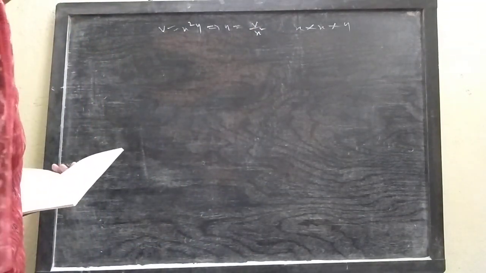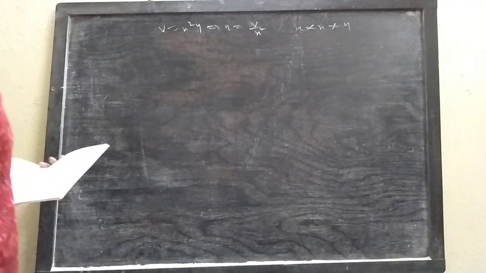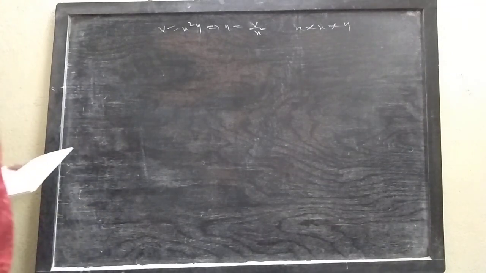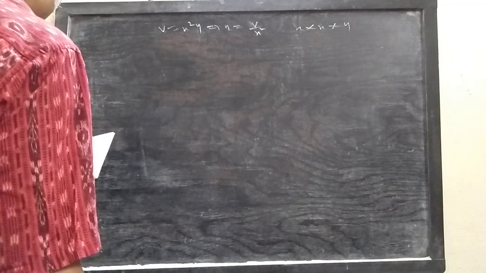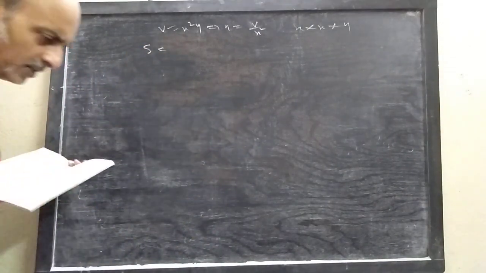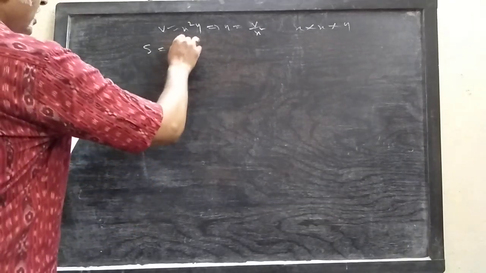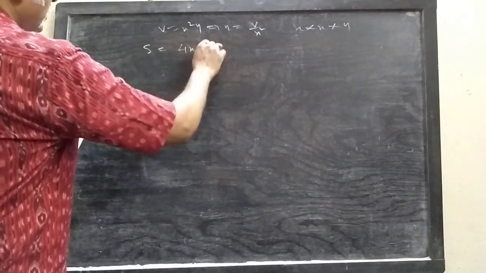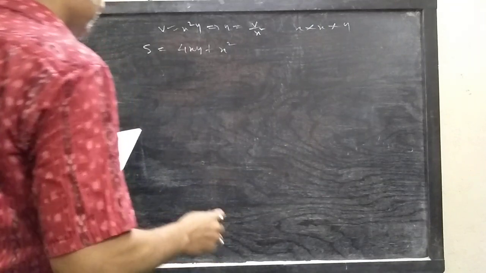Now area of tin sheet required to make the tank is given by S equals 4 walls and only the roof. Area of 4 walls will be 4xy and only the roof is of area x square.